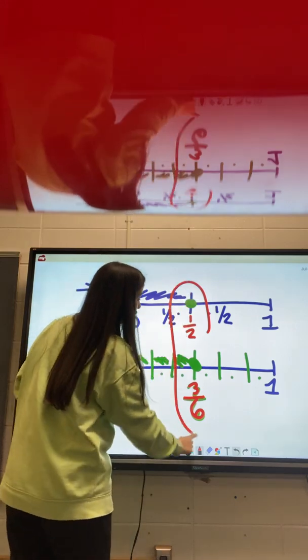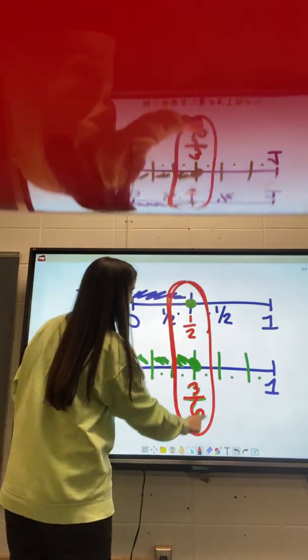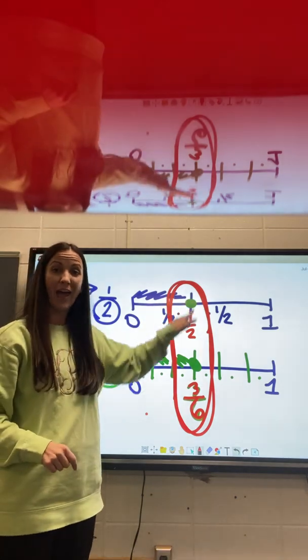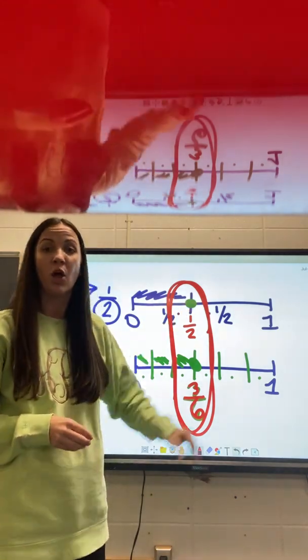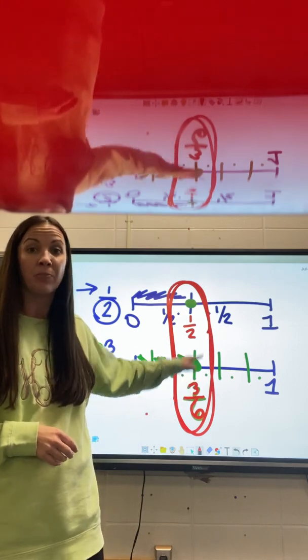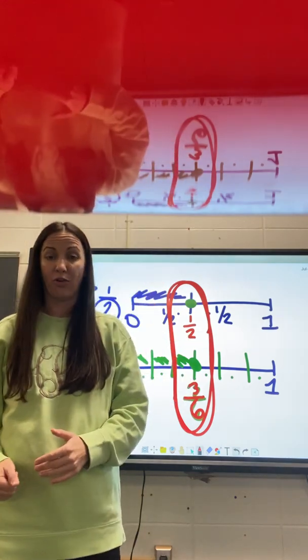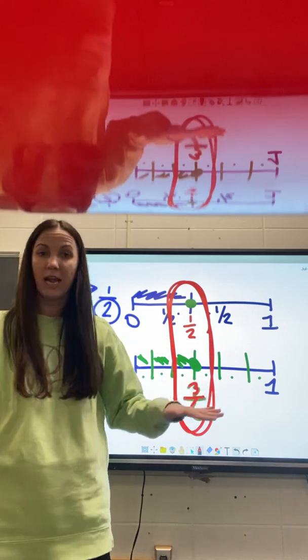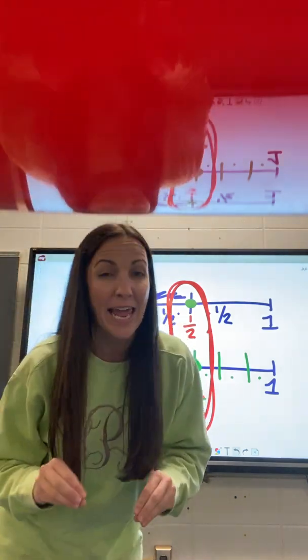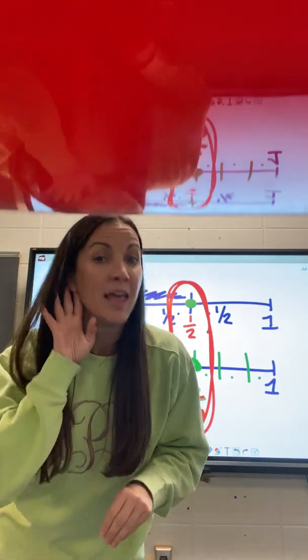If I can circle them and they fall in the same circle, then these 2 fractions are equivalent. 1/2 is going to be the same as 3/6 if they line up together. If they don't line up together, then they're not equivalent. And equivalent means the same. What does it mean? The same.